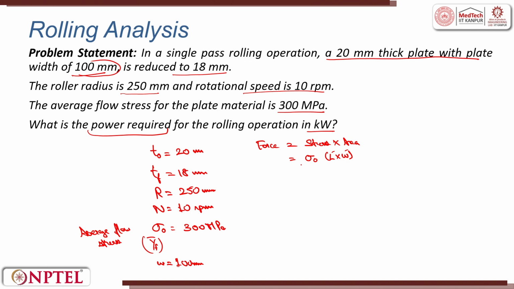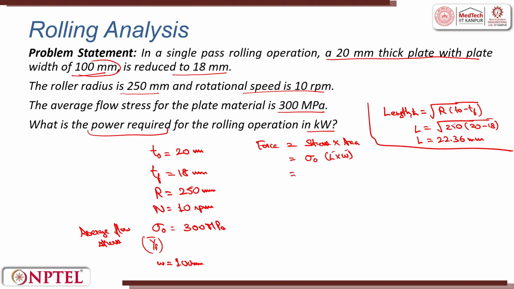To find the force, let me calculate length. Length L is equal to under root of R into draft, it is T naught minus Tf. This is equal to under root of radius is 250, T naught is 20, Tf is 18, which gives me the value of length as 22.36 millimeters.